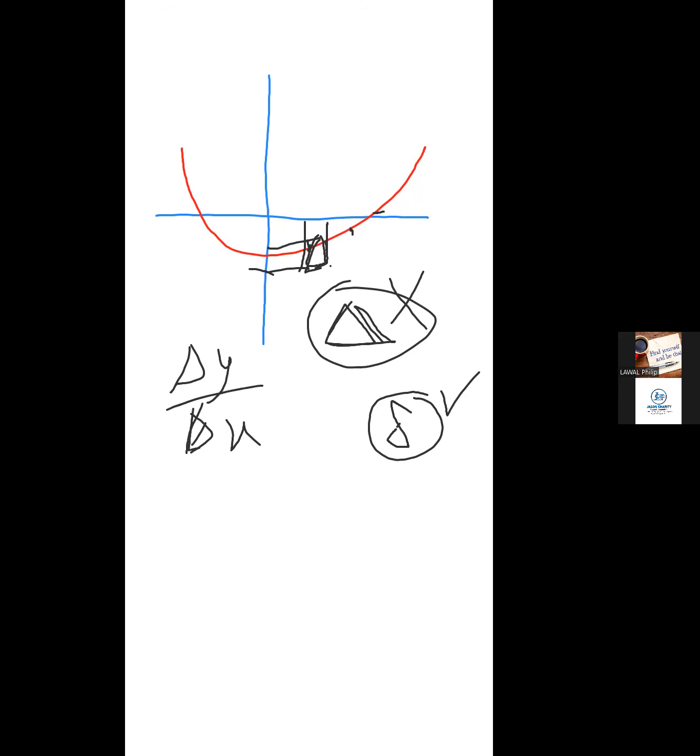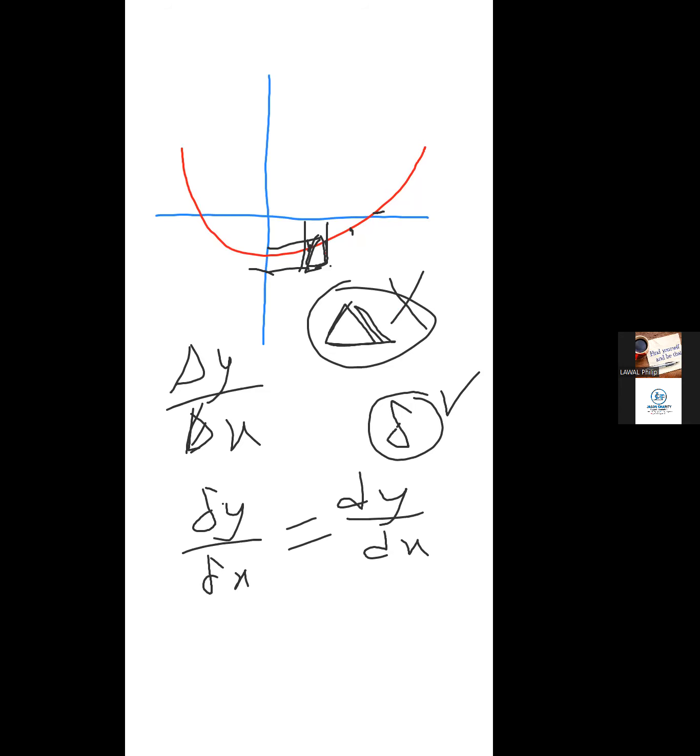But when it is small letter y, small change in y over small change in x, that's what we modify to the normal English letter dy and dx. And that's why we call it dy dx. So what are the things we need to know about dy dx?